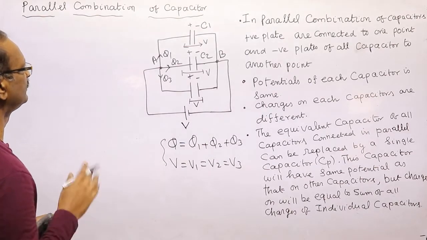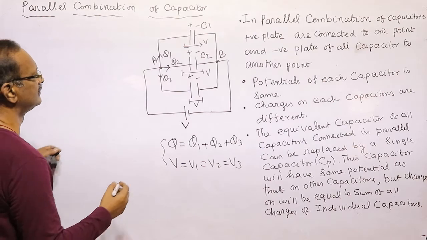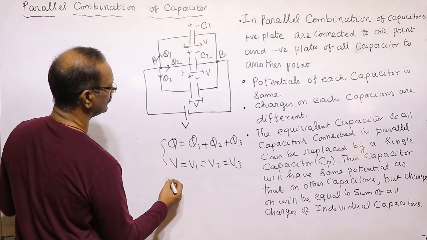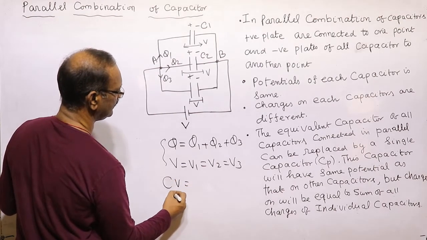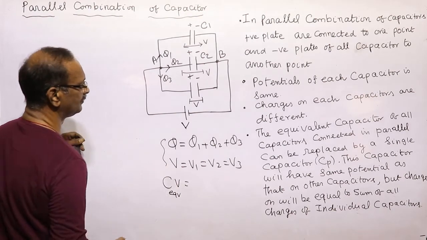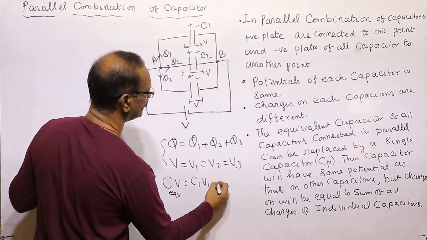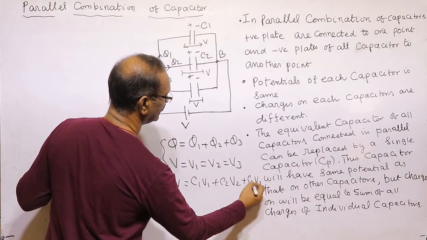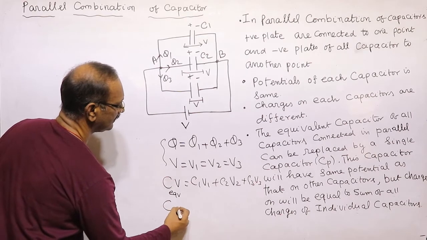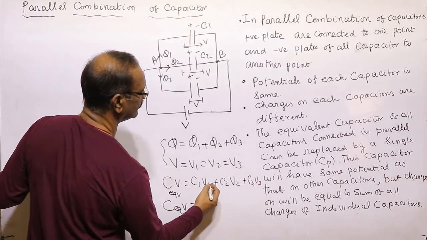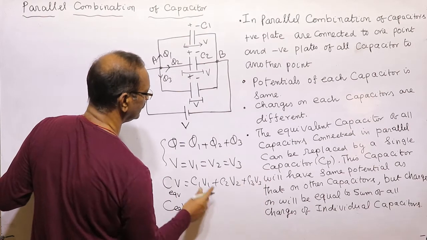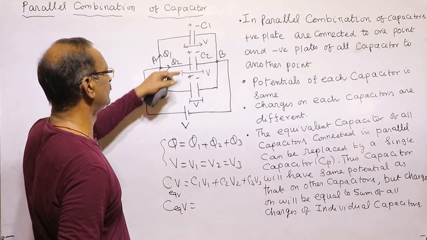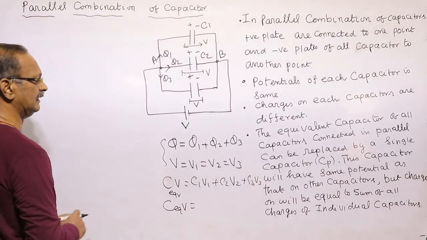Now we have to find the equivalent capacitor. We know Q is equal to Q1 plus Q2 plus Q3, or Q equivalent is equal to C into V. Since V is the same, C1 V1 plus C2 V2 plus C3 V3, or C equivalent into V, because V1 is equal to V2 is equal to V3, because the voltage across capacitor 1, capacitor 2 and capacitor 3 are all the same.